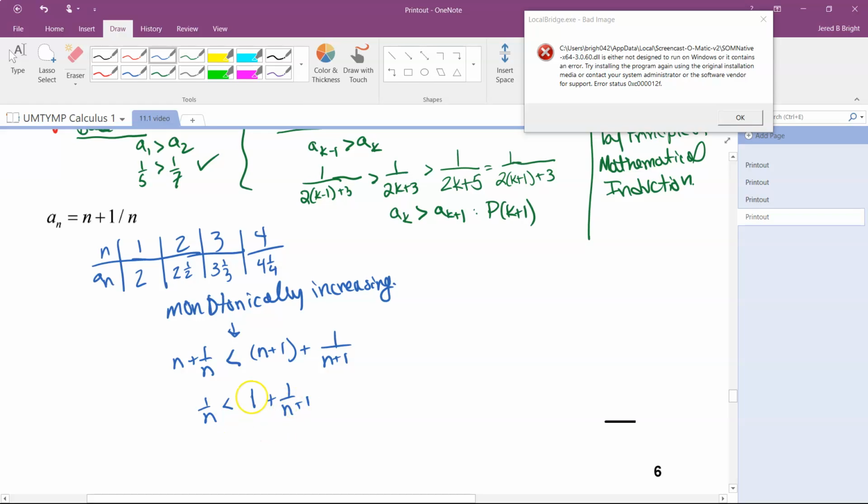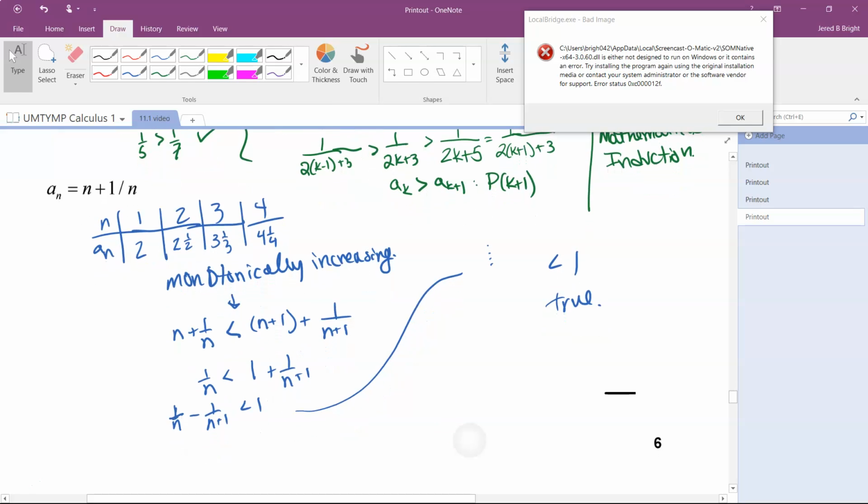Okay, subtract these, so we'd have 1 over n minus 1 over n plus 1 less than 1. Okay, for time purposes, I'm not going to go through it, but you have to do a little bit more work, and then ultimately this is all less than 1, which is a true statement. Okay, so it does end up working. You just need to go through that.